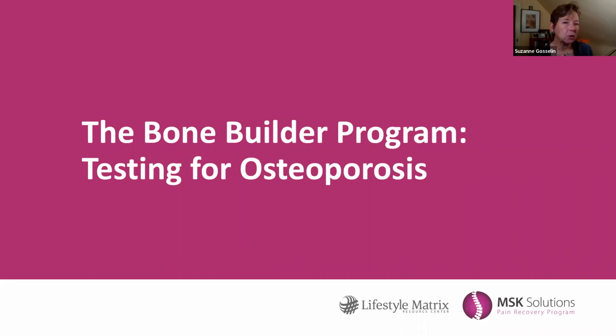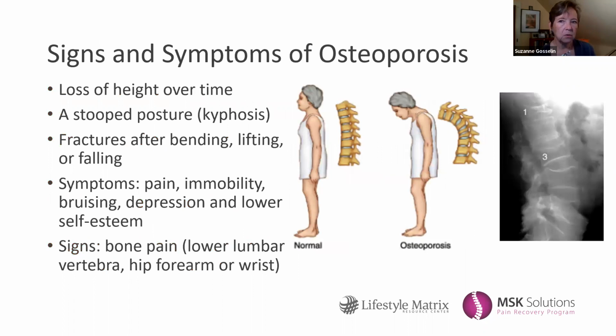So how do we evaluate bone health and osteoporosis in particular? There are some signs and symptoms that one can be familiar with. The stooped posture that comes from pronounced thoracic kyphosis, what we call fragility fractures that happen with minimal stress to the system, like after bending or light lifting or stepping off a curb, or even coughing can create a fracture.